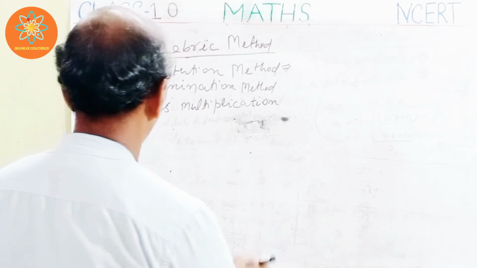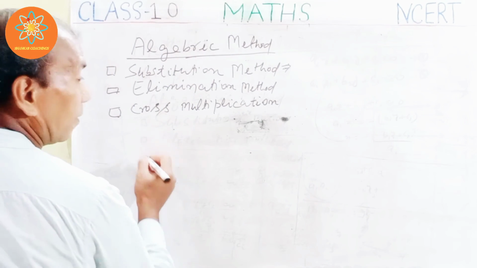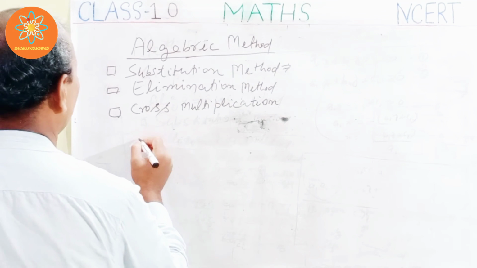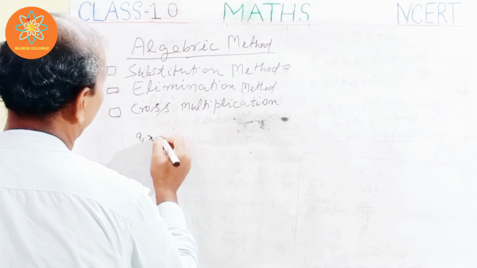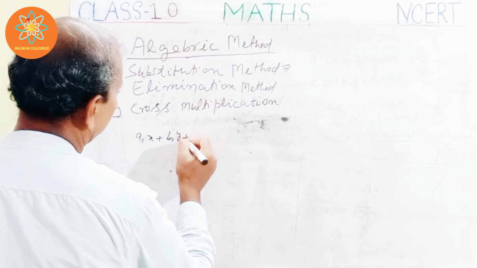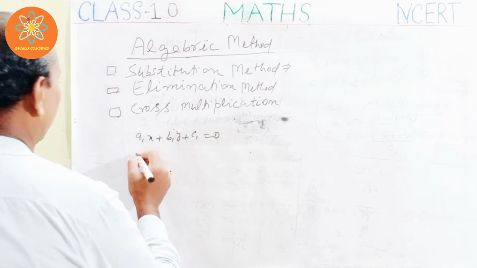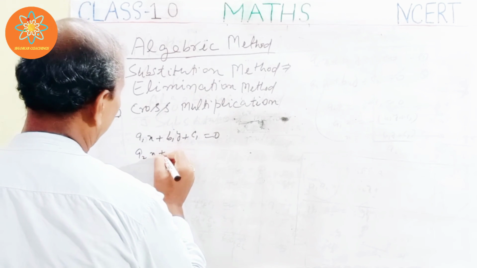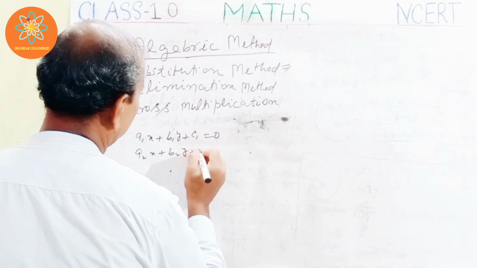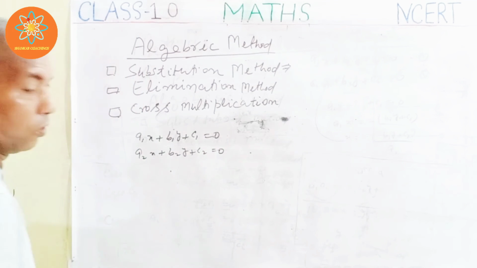Again the same case, the general form of the linear equation: a1x plus b1y plus c1 is equal to 0, and the other equation is a2x plus b2y plus c2 is equal to 0. Two linear equations and two unknowns are there, so I want to use the cross multiplication method.